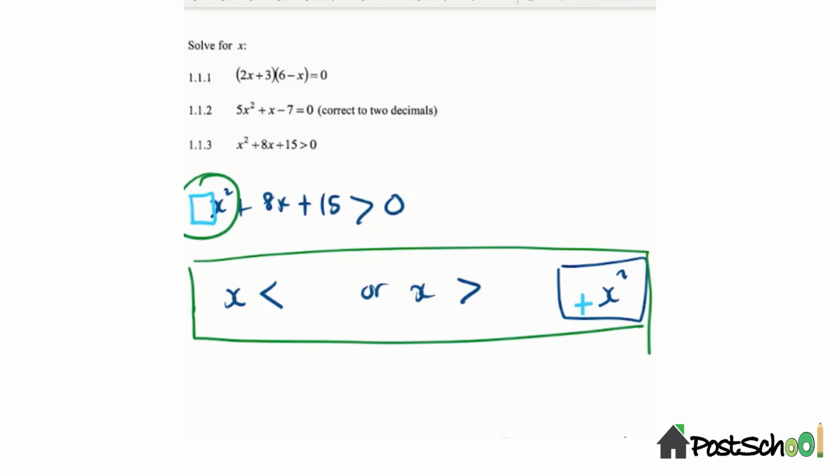And if this number next to x squared is negative, so if you have a negative number, whether it's -2 or any number, this is what you are going to have as your solution. Okay, always.